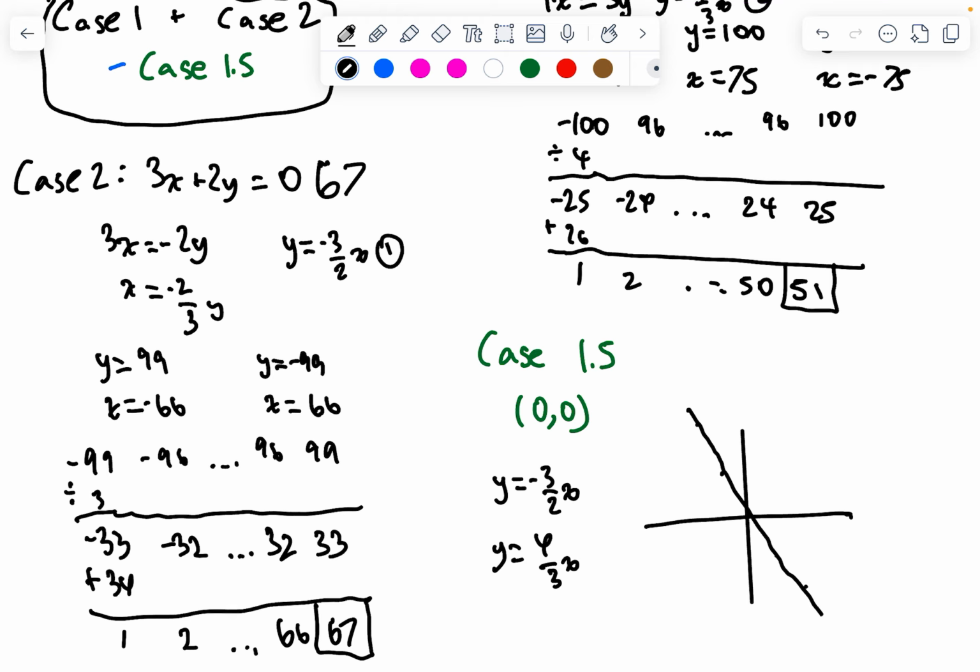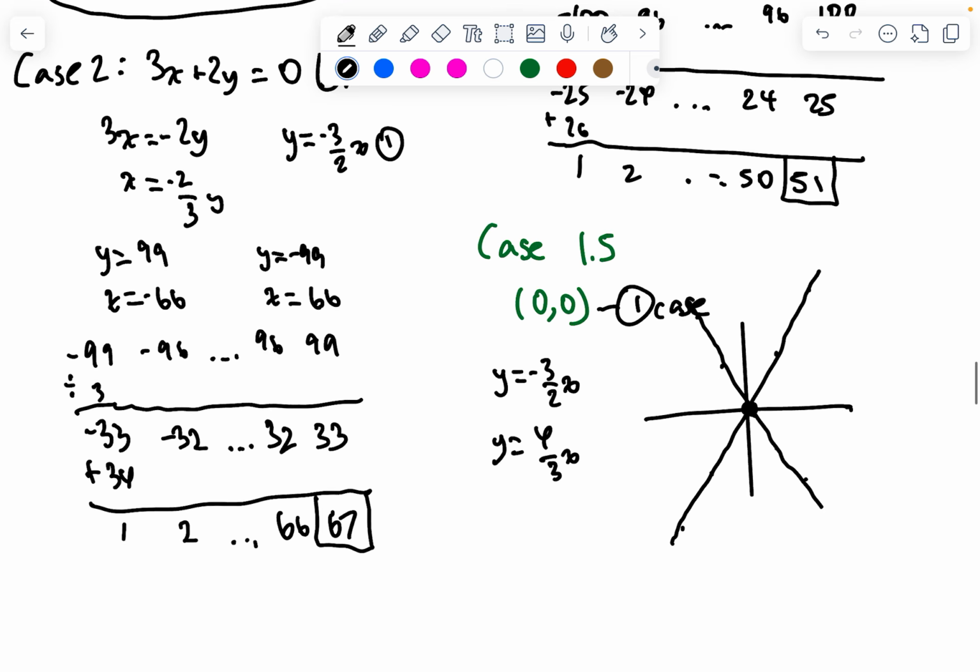For 4/3 x, we would have (0, 0), (3, 4), (6, 8), (-3, -4), (-6, -8). So this is the line right here. They only intersect at (0, 0). So that's the one case that's overcounted.